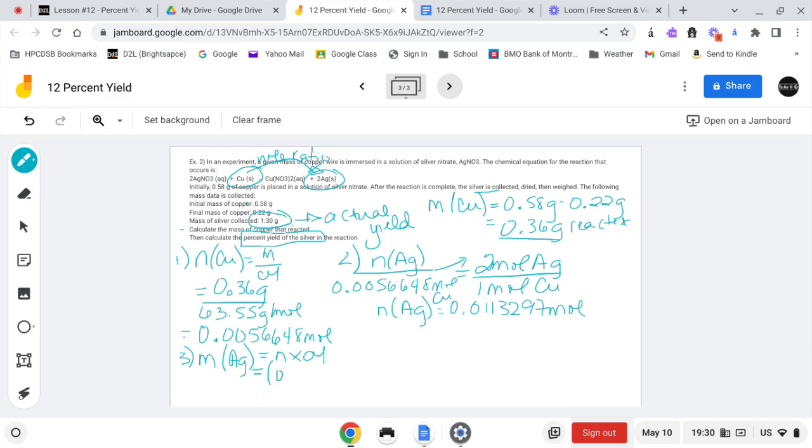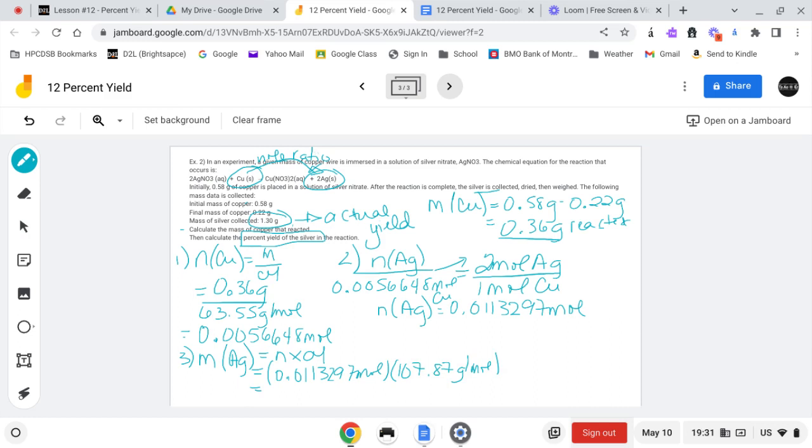My mole value is 0.0113297 mole, and my molar mass of silver is 107.87 grams per mole. And when I do this, I'm going to get, again, the theoretical yield.